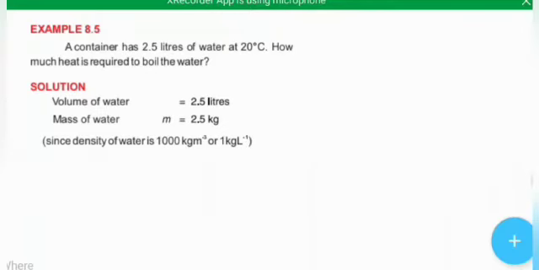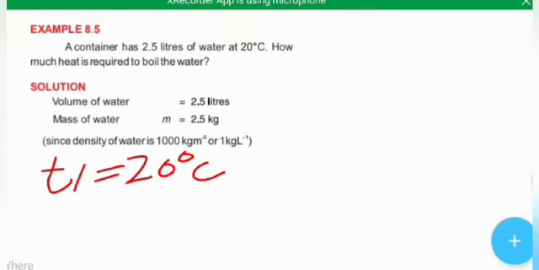The initial temperature of the water is 20 degrees centigrade, so we will say that T1 equals 20 degrees centigrade, and we are asked to calculate the amount of heat at which the water starts boiling. We know that the temperature at which water starts boiling is 100 degrees centigrade, so T2 will be equal to 100 degrees centigrade. So what will we do?